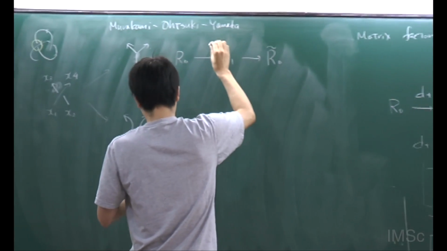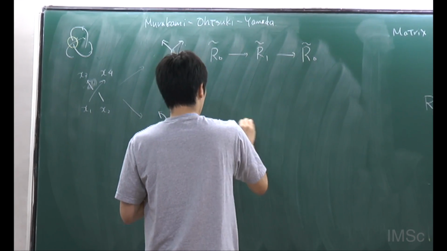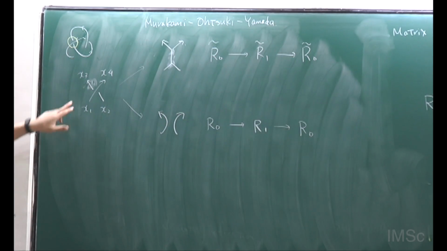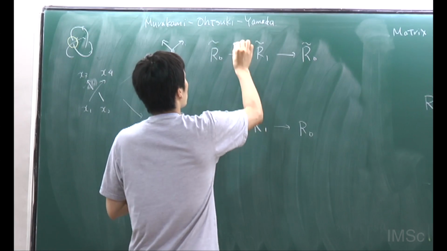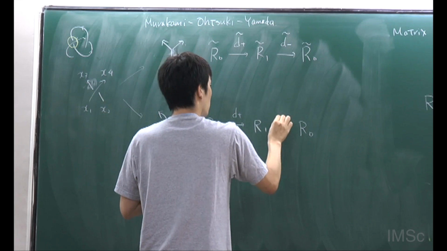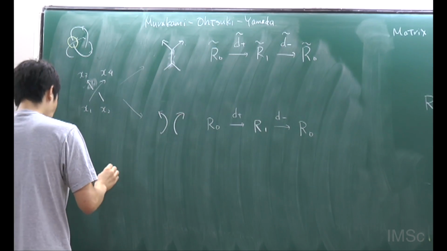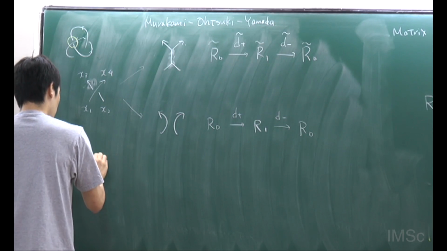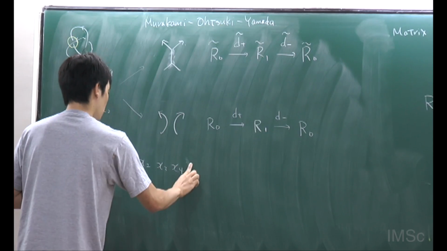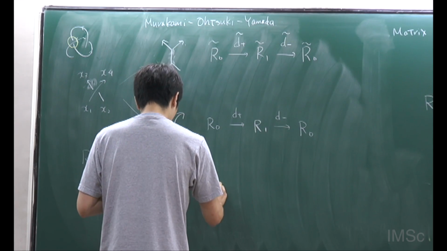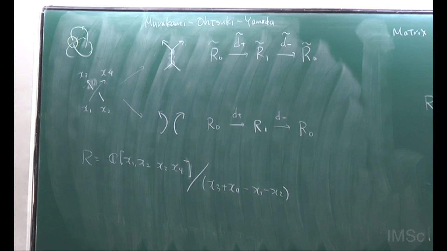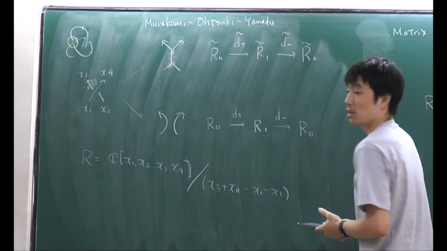And to each resolution you assign the matrix factorization as follows: d plus, d minus, d plus, d minus, in such a way that the ring R is given by C[x1, x2, x3, x4] divided by x3 plus x4 minus x1 minus x2.